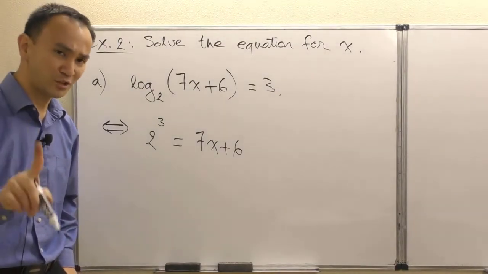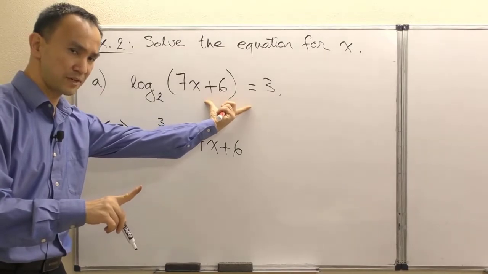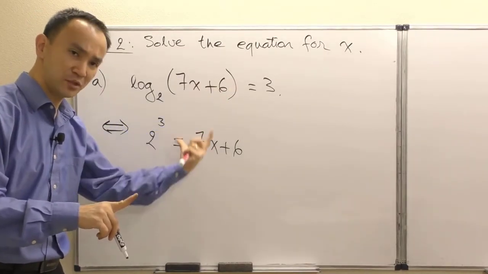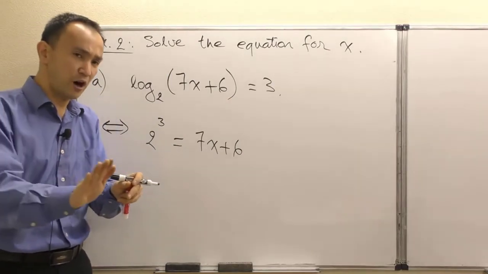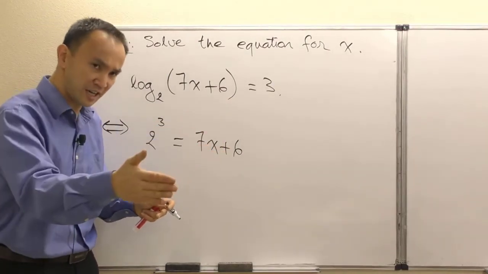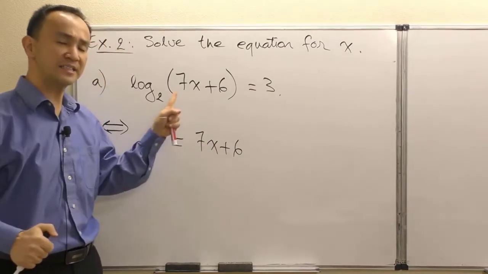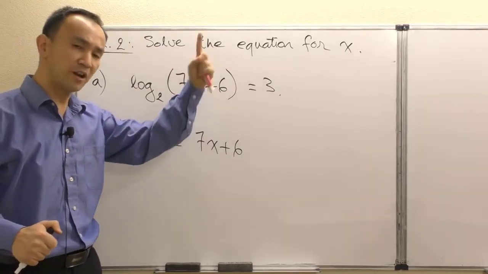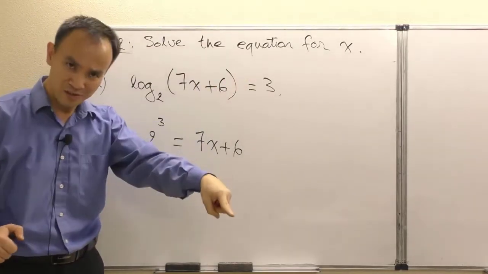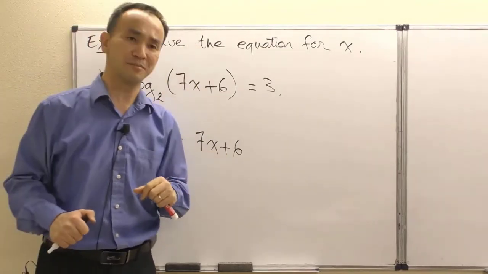And once we have successfully rewritten from logarithmic form to exponential form, recall that in my earlier lecture introducing logarithms I also had examples showing you how to rewrite an equation from logarithmic form to exponential form, and from exponential form back to logarithmic form, vice versa.